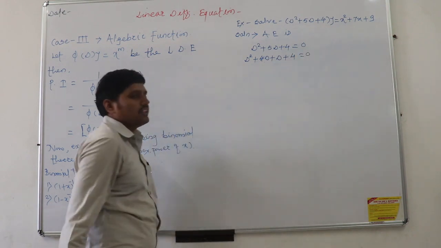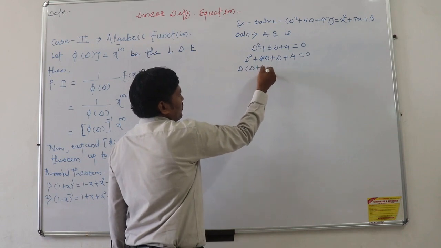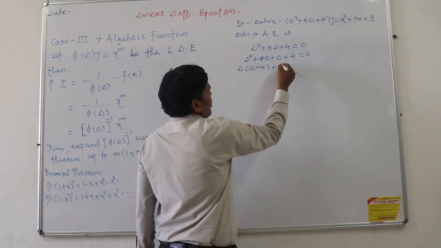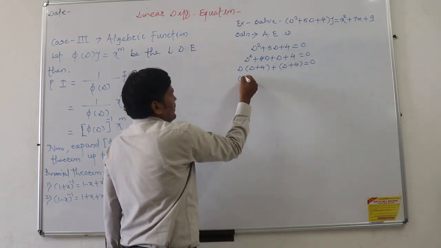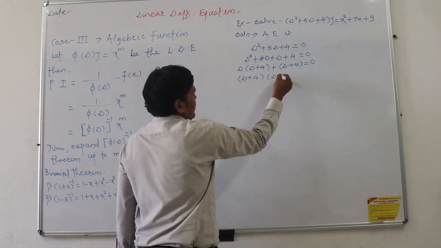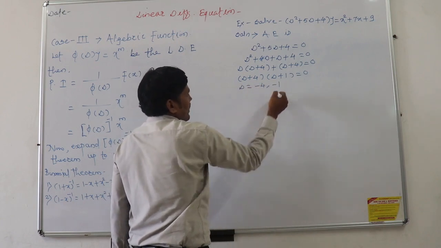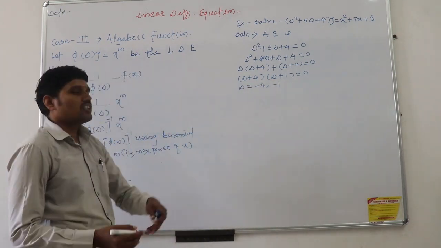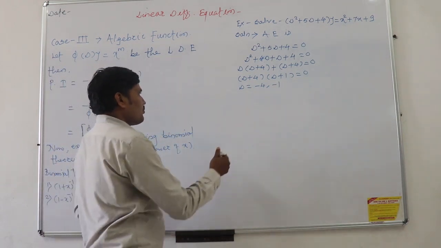Then simplify it: d into bracket d plus 4, plus 1 is common, into bracket d plus 4. So the factors are d plus 4 and d plus 1, that is d is equal to minus 4, minus 1, or we can write it as minus 1, minus 4. So the factors are real and distinct.